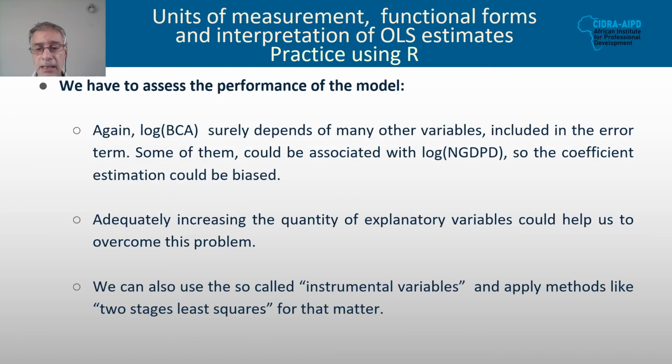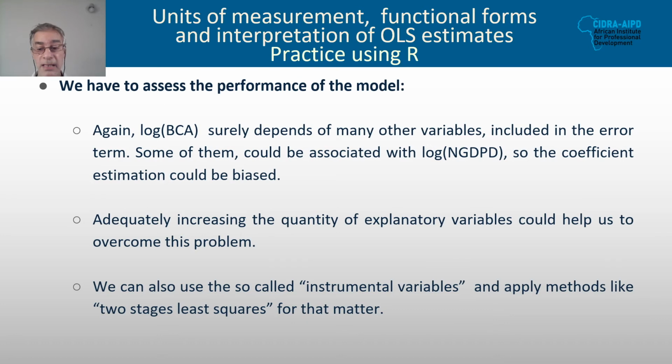Again, check for the validity of the equation and the exogeneity of the independent variable. In this case, is this independent variable associated with variables that can be included in the error term.